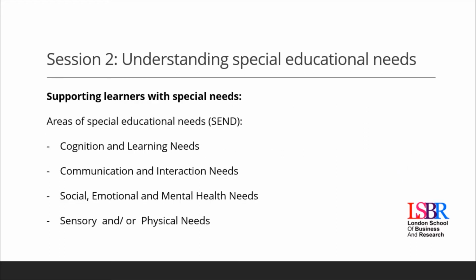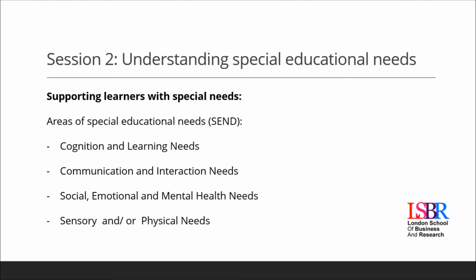So what are some of those special educational needs? Let's take a moment and briefly go through them. At the actual session, we're going to go into them in much more detail. We've got cognition and learning needs, and we also have communication and interaction needs.